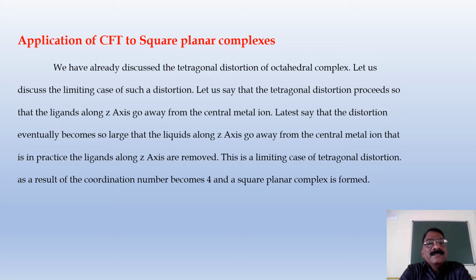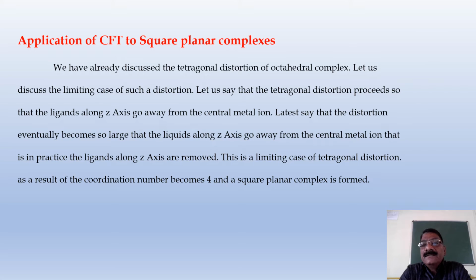Let us discuss the limiting case of such a distortion. Let us say that the tetragonal distortion proceeds so that the ligands along the z-axis go away from the central metal ion.